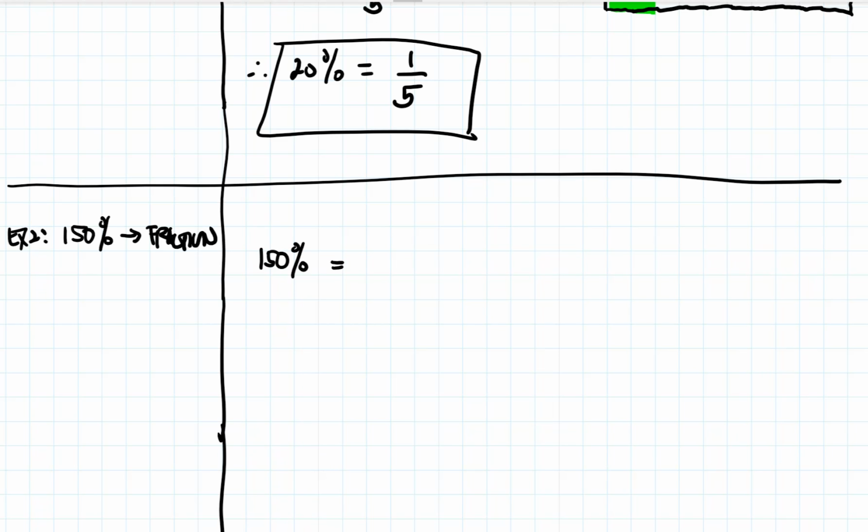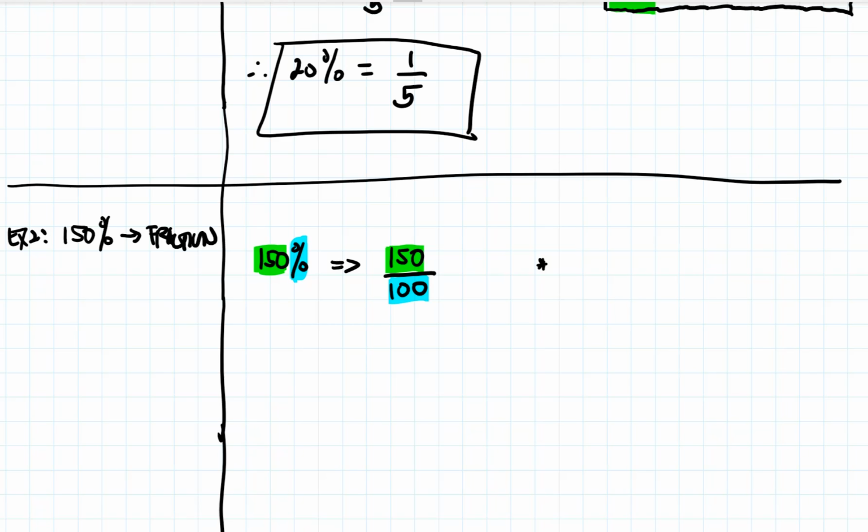If I write that in its fraction form, always this number here would represent the numerator, so that would be 150. And always the denominator is 100. The percentage symbol means out of 100, so that means over 100.